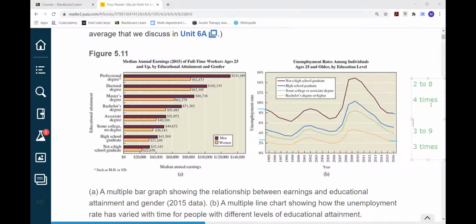Are there questions about that? I know you're trying to pull numbers off of a graph that aren't the most accurate, right? If you rounded this down to 2 and this to 8, that would probably be fine. Or 3 and 9 might be good. Questions?